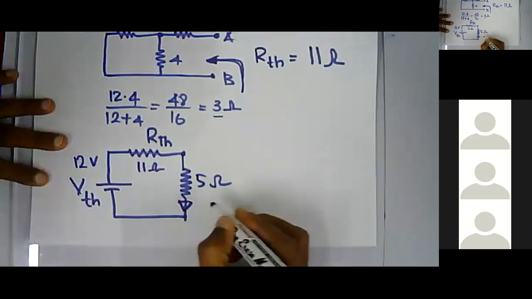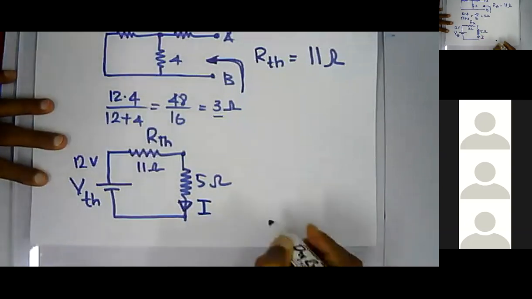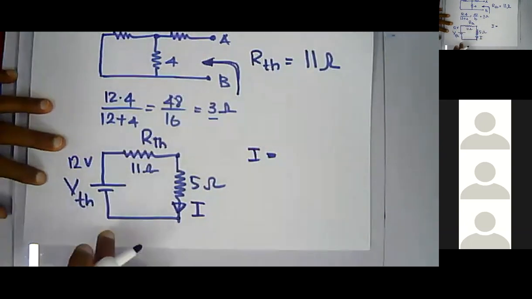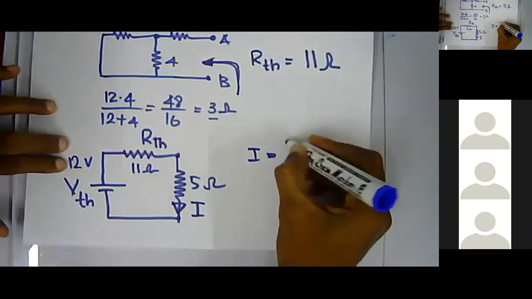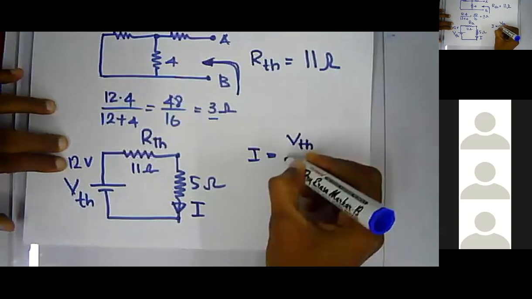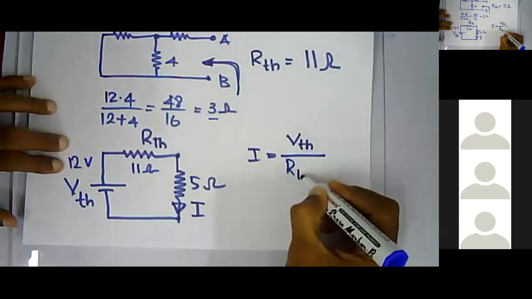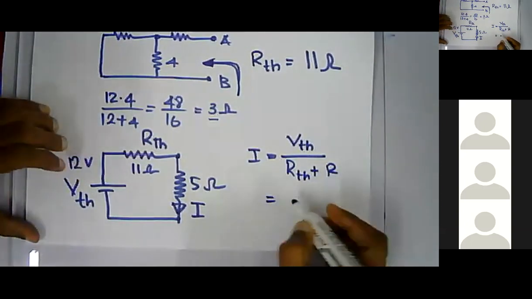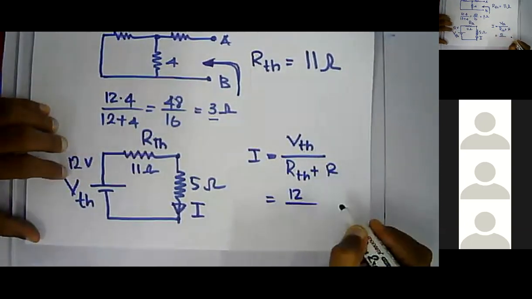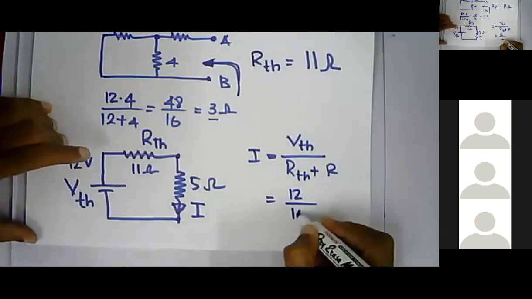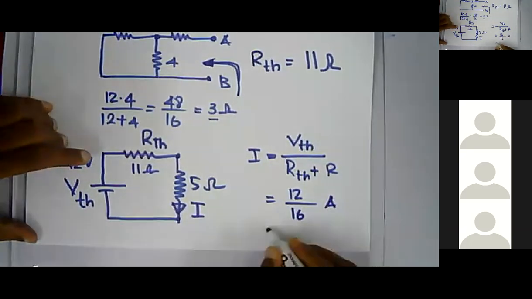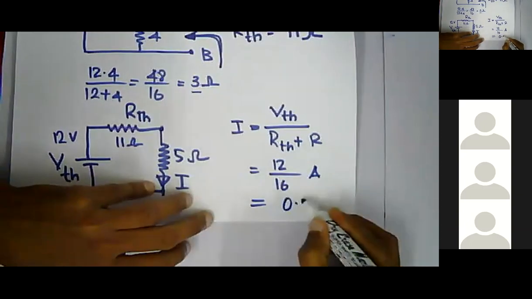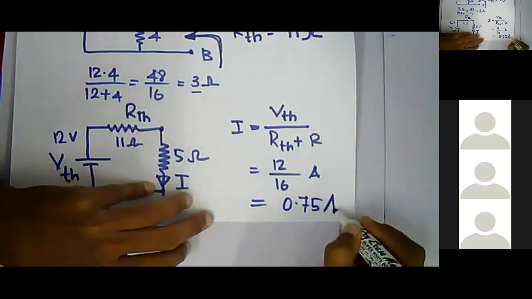So the current through this one, since this is a single loop, I equals VTH over RTH plus R. So 12 over 11 plus 5, which is 12 over 16 amperes, which you can simply write as 3 over 4 or 0.75 amperes.